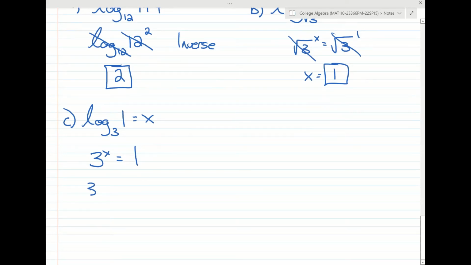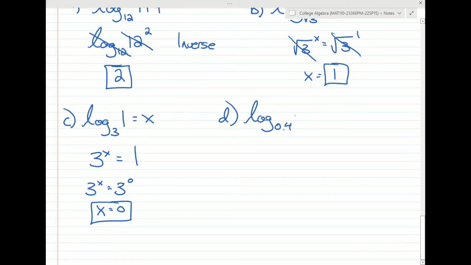This is the same thing as just 3 to the x is equal to 3 to the 0. X would just be 0. Remember, anything to the 0 power is 1. What about if we had log base 0.4 of 1?